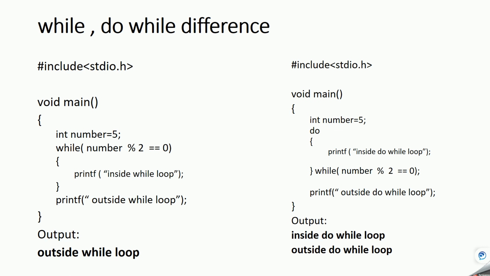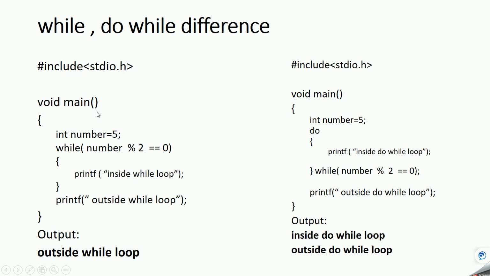So let's see the difference between while loop and do while loop by a programming example. This is a program which uses while loop. In this program we'll check if the number is divisible by 2, meaning it should give remainder 0. Here the number is 5, and this particular modulo operator is used for calculating the remainder.